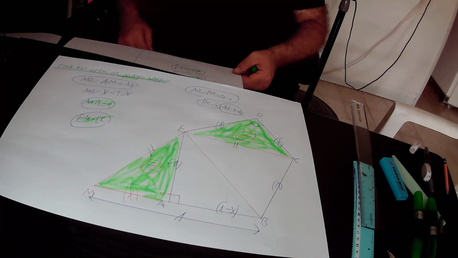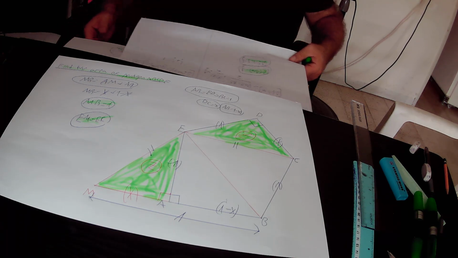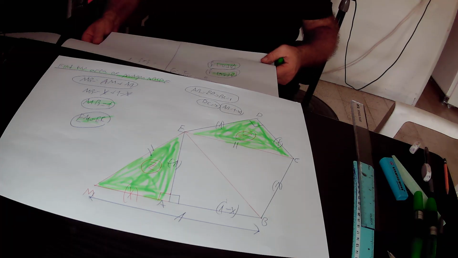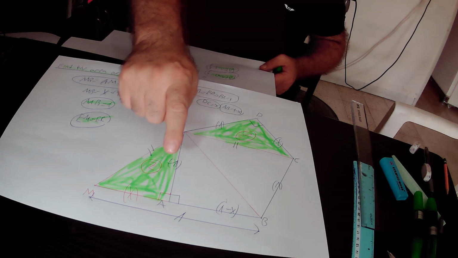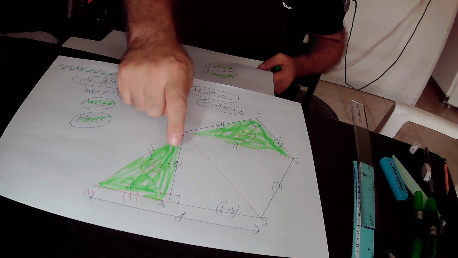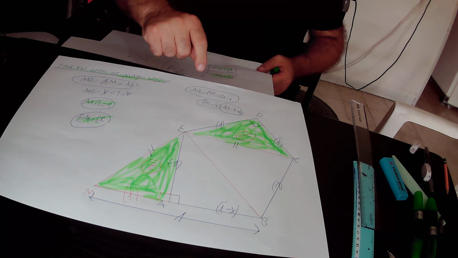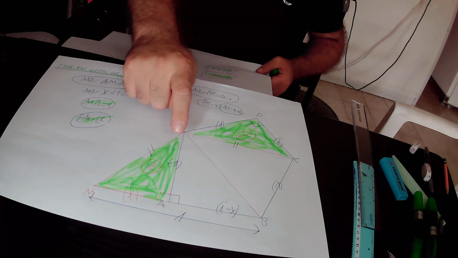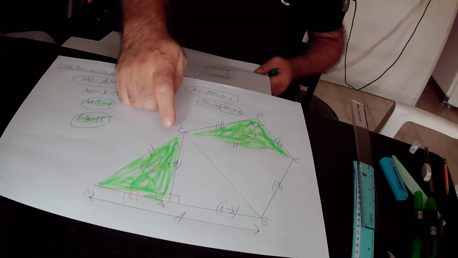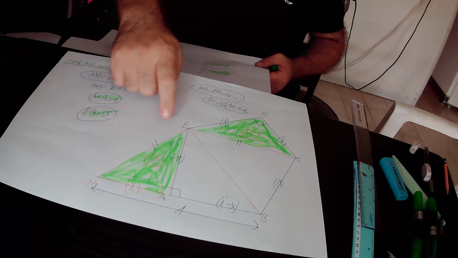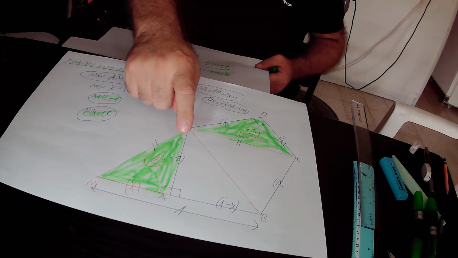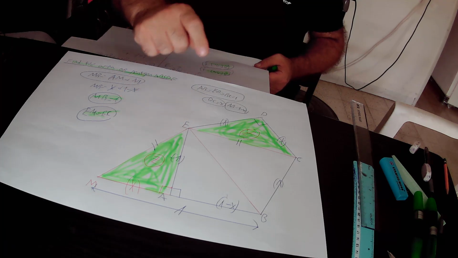So the base MB equals 1, the height EA also equals 1, divided by 2. 1 times 1 is 1, divided by 2 is 1 half. So in total we found that the area of triangle MEB equals 1 half square unit in size.